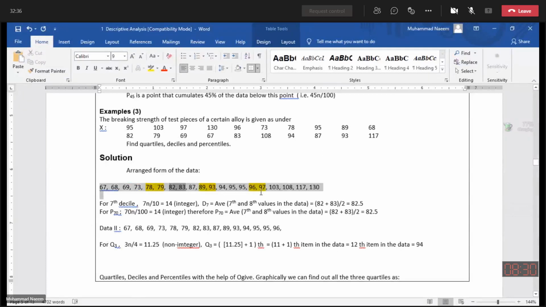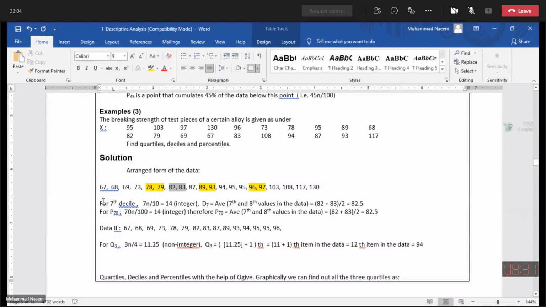The first mistake students usually make in these problems is that they don't arrange the data. So how could the other measures be correct? How can you get a correct answer if you don't arrange the data? Okay, first of all, arrange the data.